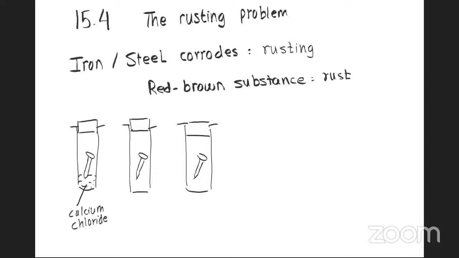And what the layer of oil does is it prevents the air from entering inside and being in contact with the nail. Okay, so here we place water, and at the very top there is a layer of oil, which is to prevent air from entering.